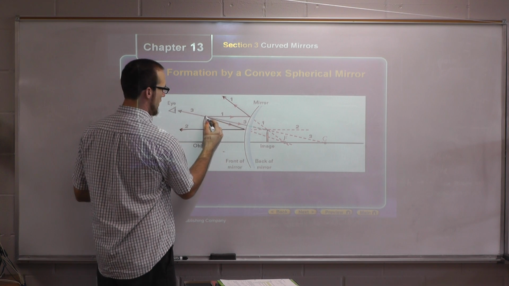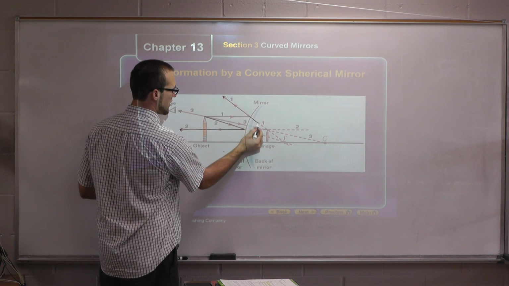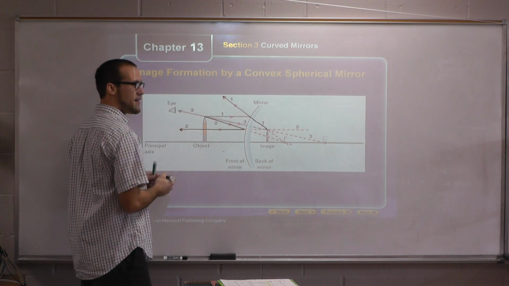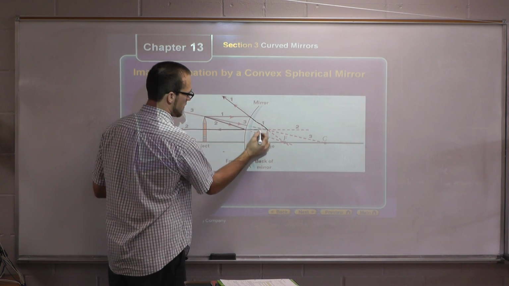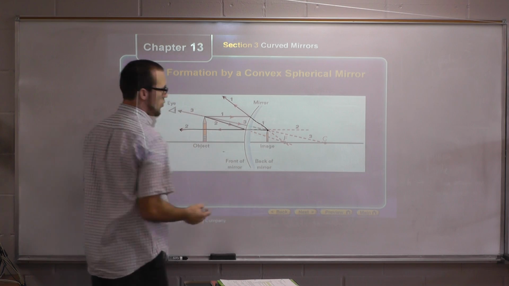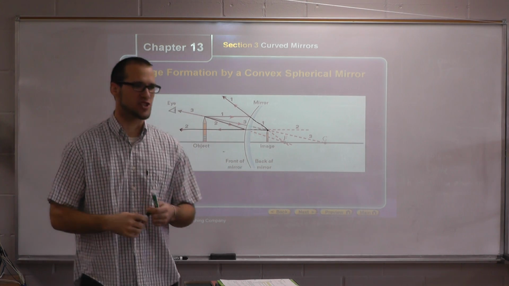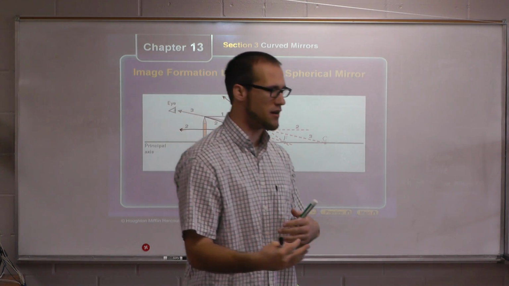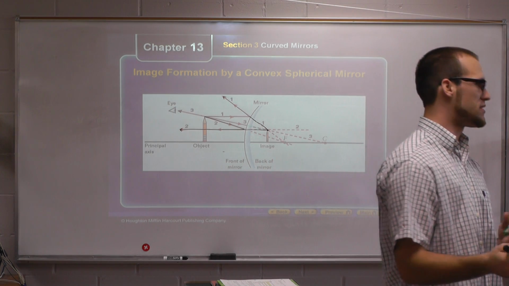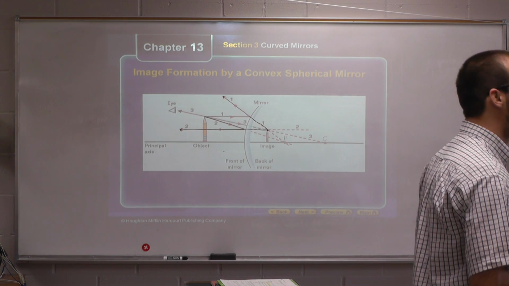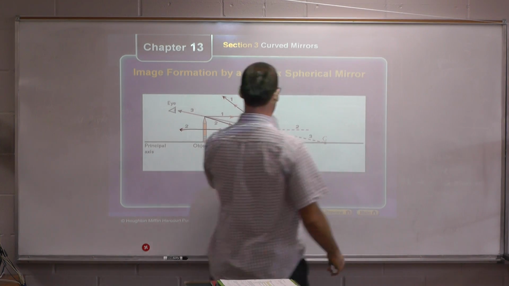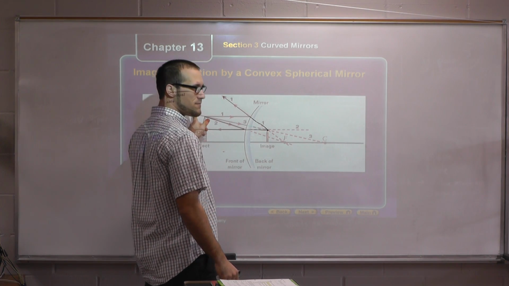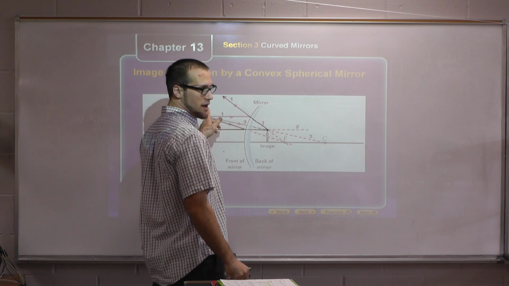The light from here converges to there. And the light from here converges there. So your brain converges it at a point behind the mirror, and believes that light actually just came from here and went straight to the eye. Okay? Mirrors?